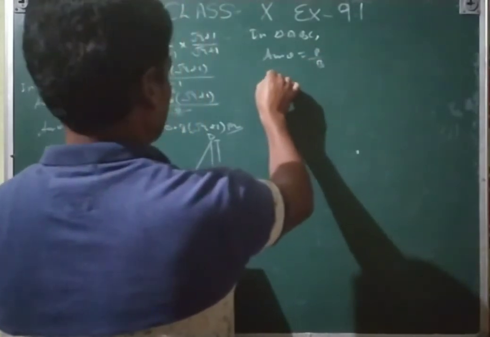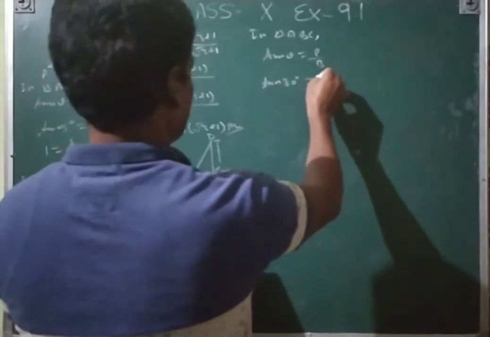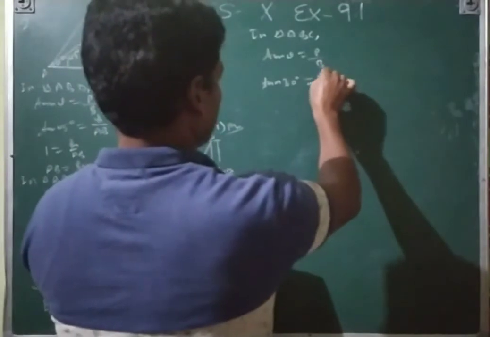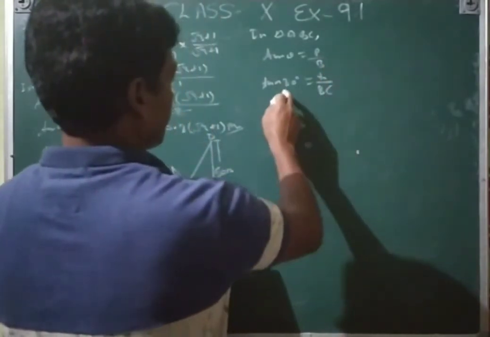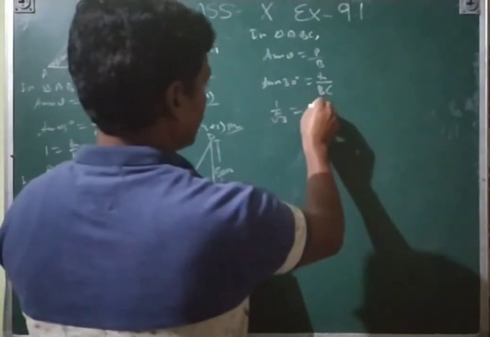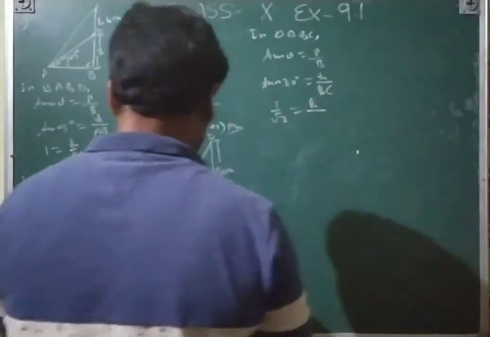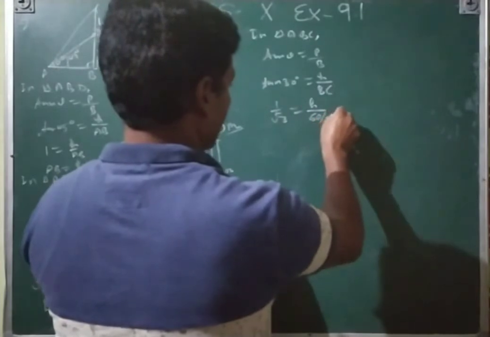So tan 30 degrees is equal to perpendicular, which we can write as H, upon base BC. Tan 30 value is 1 upon root 3, equal to H upon BC, and we have already found BC is 50 upon root 3.